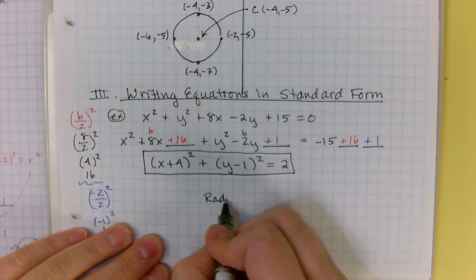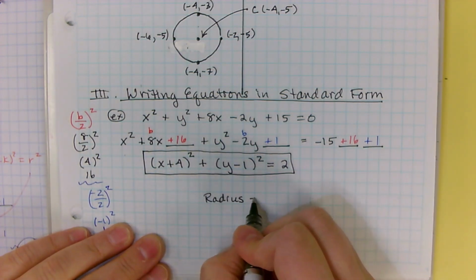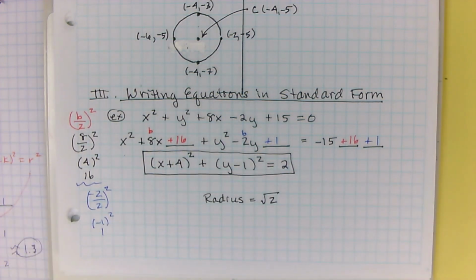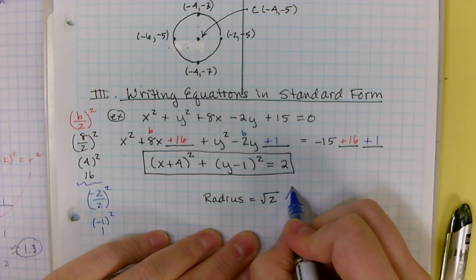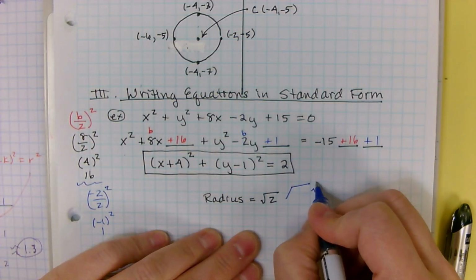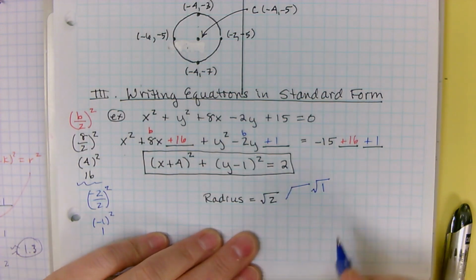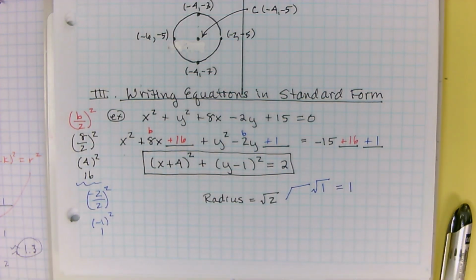So if we wanted the radius of our circle, we would take the square root of 2. Now you say, but how do we graph a square root of 2? This is where your ability to estimate radicals is going to be a nice convenient thing. So I'm going to remind you how to estimate radicals. You think of the perfect square lower than 2, which would be 1, and the square root of 1 is 1.